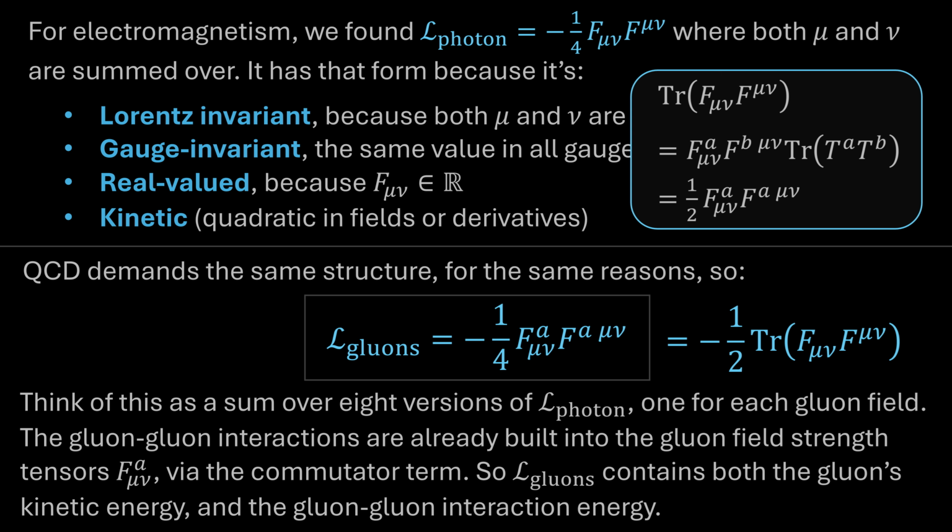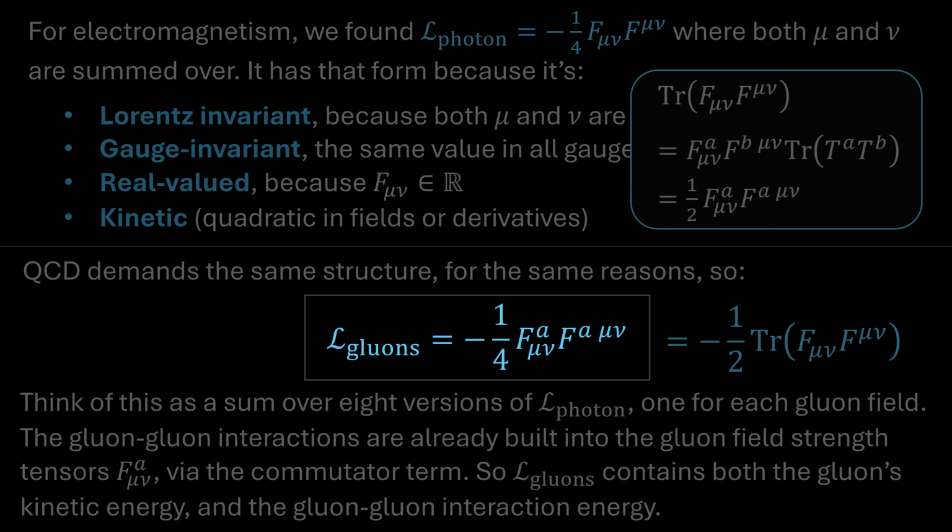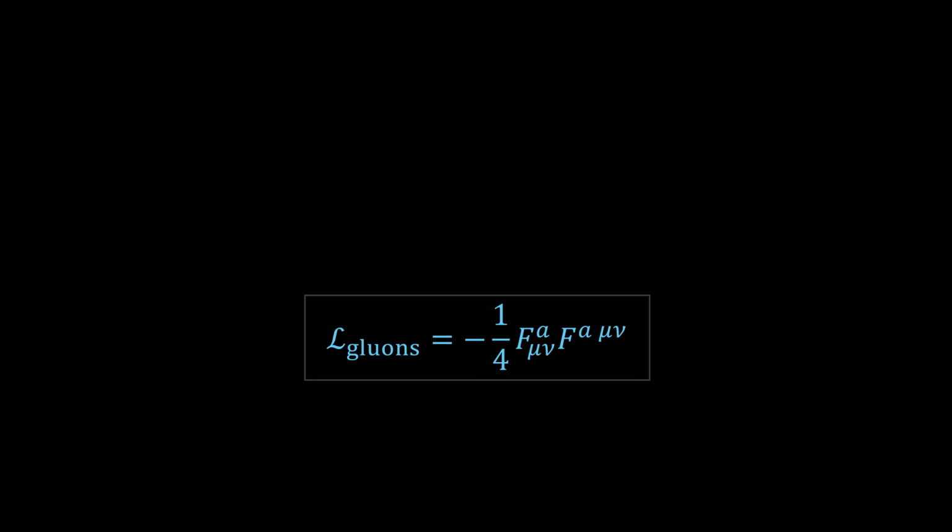Now, the reason I bring up this trace expression is that often it's easier to work with that form if you want to prove something or if you want to examine or generalize these ideas. It's very useful to know that trace expression. But in terms of visualizing it and thinking about it, I think the best way to imagine the gluon part of the Lagrangian is simply as a sum over the F mu nu for each of the 8 field strength tensors.